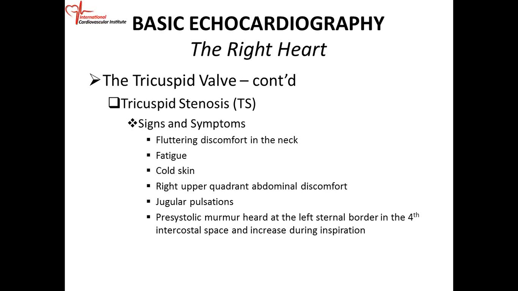So you're going to hear that swishing sound when the blood is flowing across the valve. The tricuspid valve opens in diastole, so you're going to hear a sound in diastole, and it's going to make a noise because the valve is not opening properly. That's what we call the diastolic murmur or presystolic murmur.